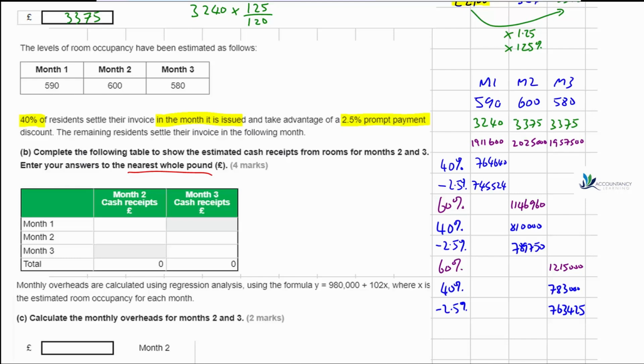So what we need to do then is transfer those numbers into our answer. Remember, we're only focusing on month 2 and month 3. So we need to put these 4 numbers into our answer. And then we'll have our total cash receipts for month 2 and month 3.